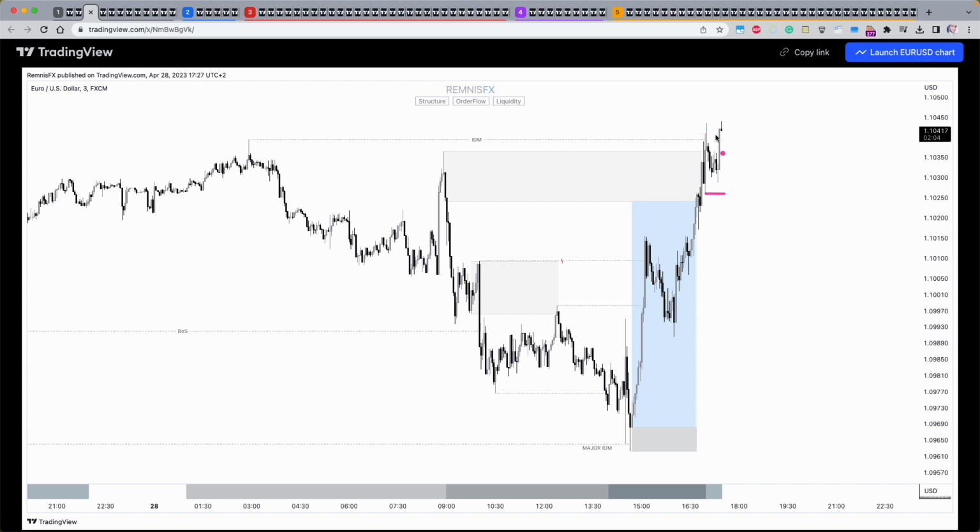I was not focusing on this one because this here is basically internal, as we can see price again took out the high from the lower time frame here, just like it did here, taking out the liquidity from the major structure on the higher time frame. So that's basically the logic behind it.